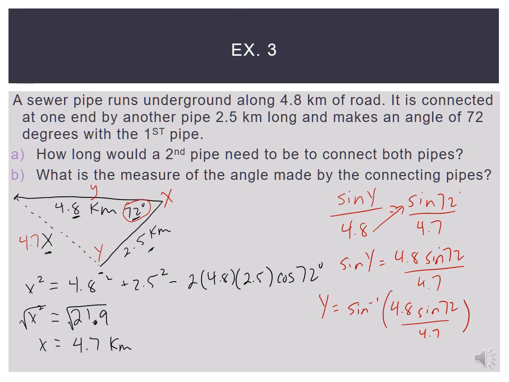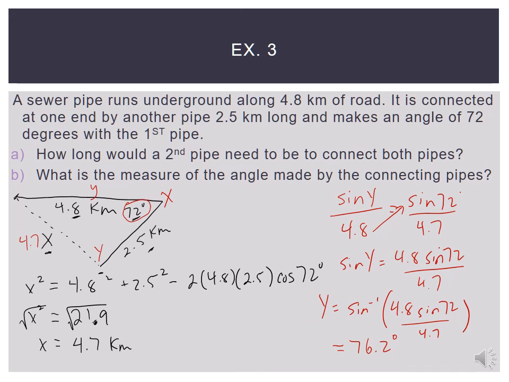Shift, sine, open bracket, 4.8 sine 72 divided by 4.7, close bracket, it equals, and to one decimal place, I get 76.2 degrees. And there is A and B answered.